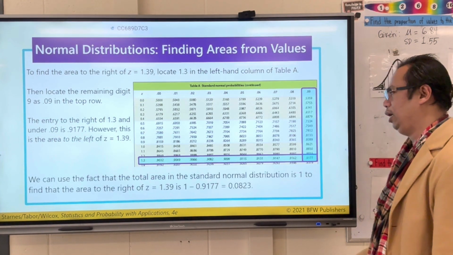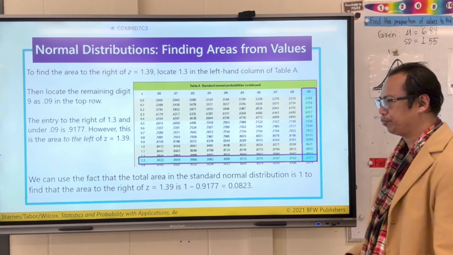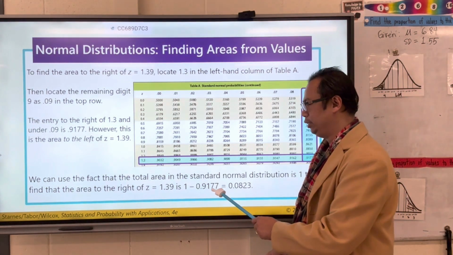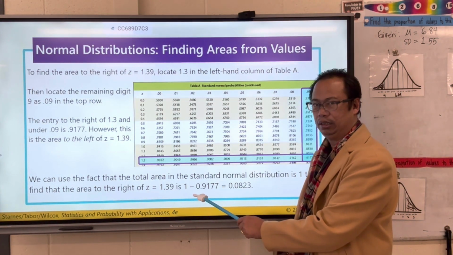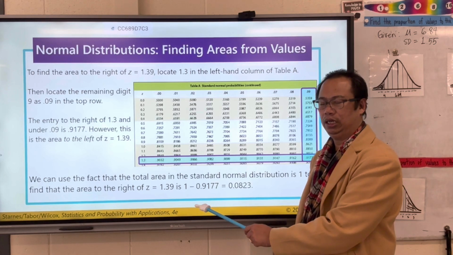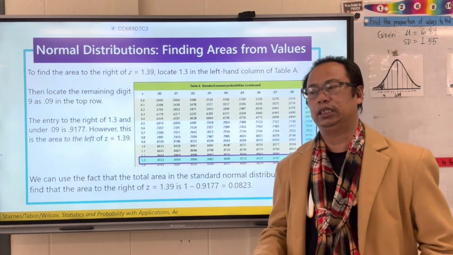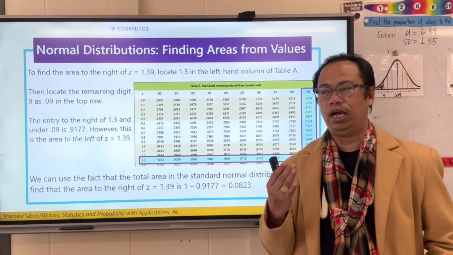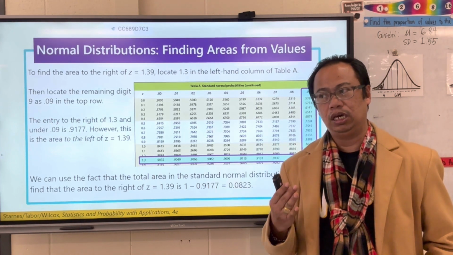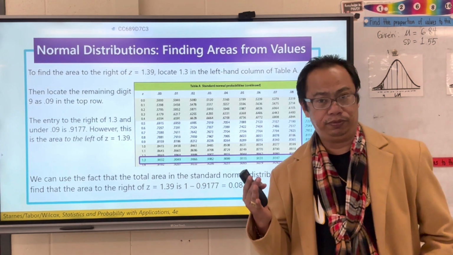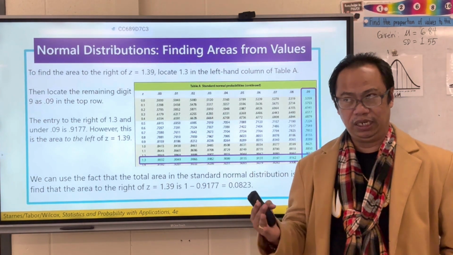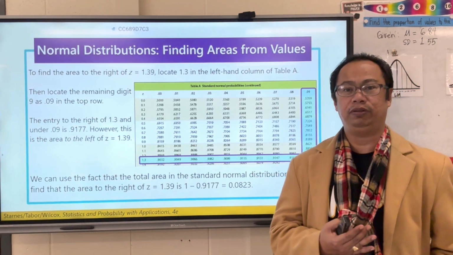Then what we do now is we subtract the 0.9177 from 1. Why? Because the complete normal distribution is equal to 1. From the mean to the left side, it's 0.5. From the mean to the right side, it's 0.5.